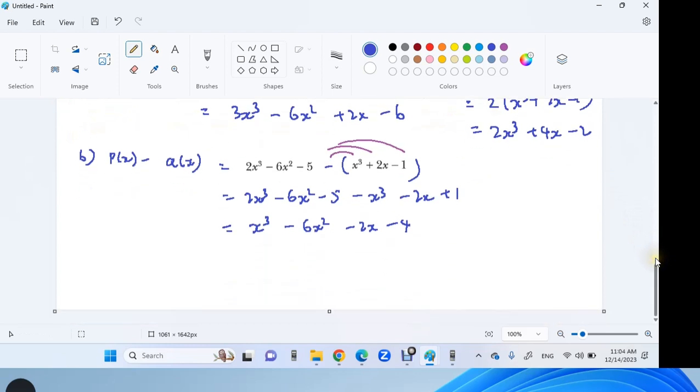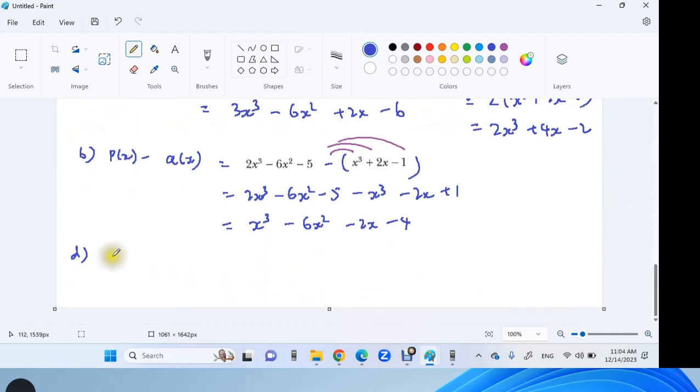For d, p(x) times q(x), p(x) multiplied with the q(x), we multiply this one with this one. This will be a little bit difficult compared to the previous one.